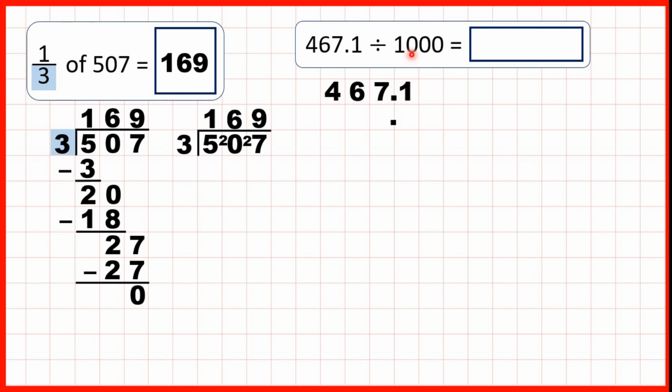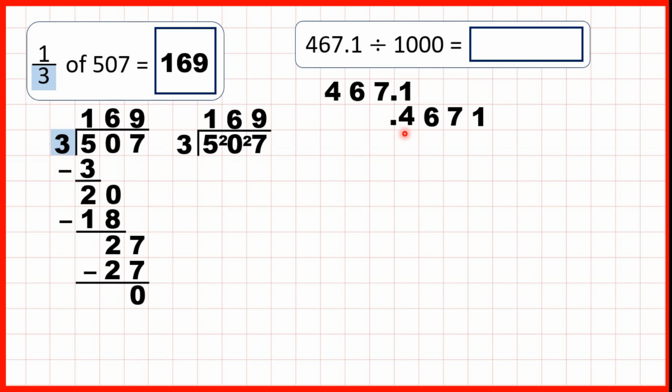And we're dividing by 1,000. There's 3 zeros in 1,000, so the digits are going to move 3 squares to the right. So if we copy this 1 down, 1, 2, 3 squares to the right, do the same with this 7, this 6, and this 4.